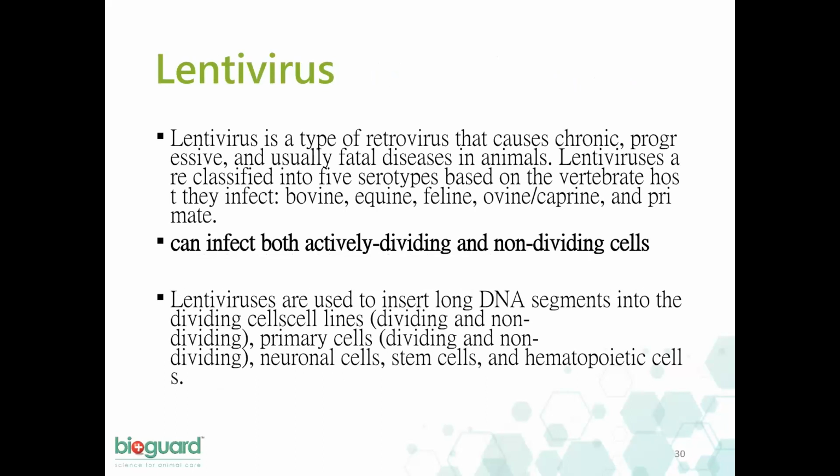They can infect both actively dividing and non-dividing cells. Lentiviruses are used to insert long DNA segments into dividing cell lines, primary cells, neuronal cells, stem cells, and hematopoietic cells.